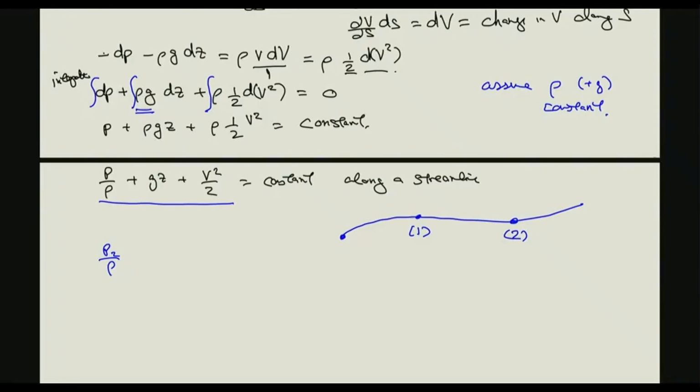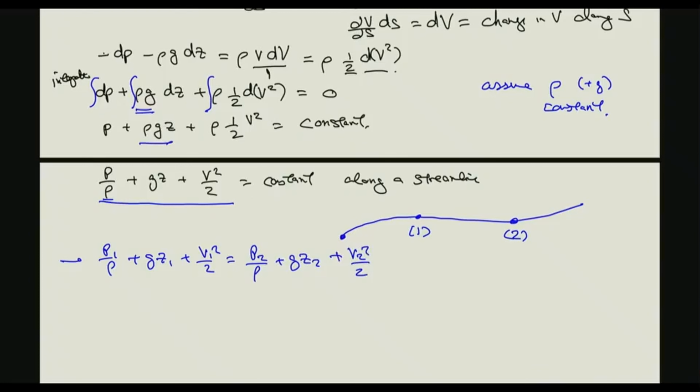Okay? Then we get this term, right? So then applying it between any 2 points, this rho is a constant, so P1 over rho plus g Z1 plus V1 squared over 2 is equal to P2 over rho plus g Z2 plus V2 squared over 2. Okay?